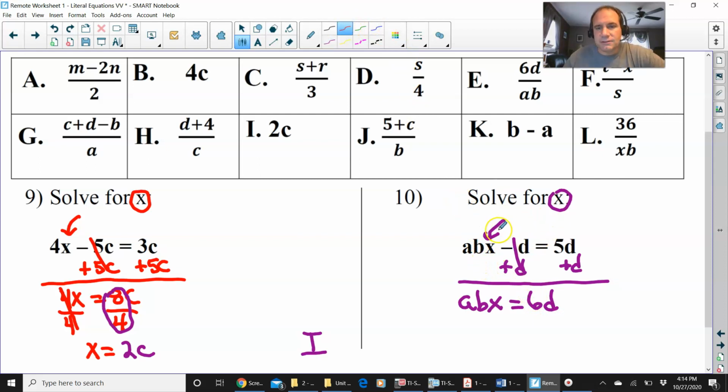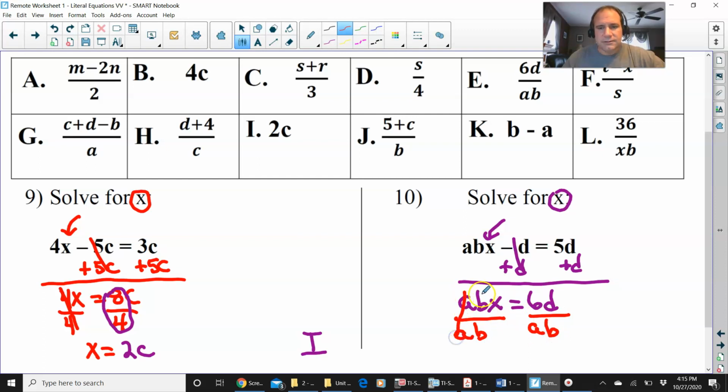All right, and that is 6d. So we have to solve for x. The x is still here. Remember, I've been saying it a number of times: you divide by whatever it is that you need to cancel. In this case, if you're solving for x, you need to cancel the a and the b. So that's what you're going to divide by. Very simple, right? So a, b, divide by a, b.